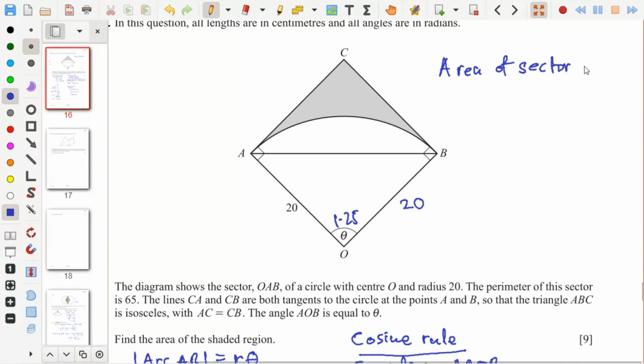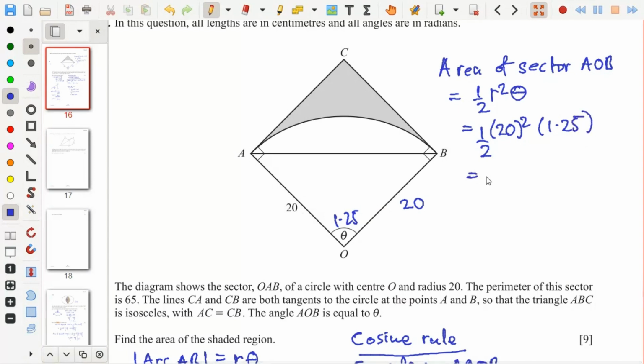So area of sector AOB. Hope you remember the formula. Your radius is 20, your angle is 1.25. So if you calculate for this, what are you going to get? I'm getting 250.